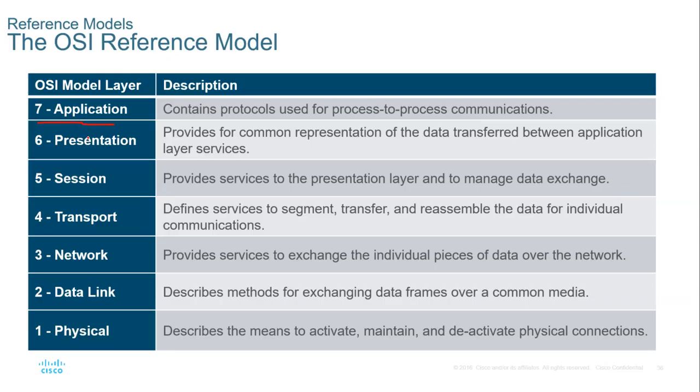So these are the different layers of the OSI model, starting from layer 7: application, presentation, session, transport, network layer, data link layer, and physical, and then the description. Application contains protocols used to process communication, the rules used to communicate between applications. Presentation provides a common representation of the data transferred between application layer services.